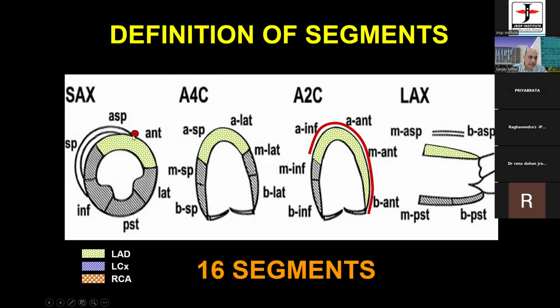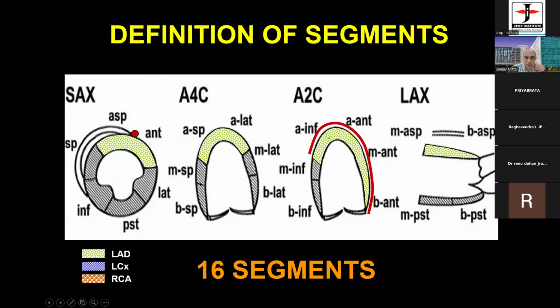The left anterior descending artery is an artery which runs from the anterior AV groove all the way into the interventricular groove to the apex, and then almost completely winds around the apex, right?